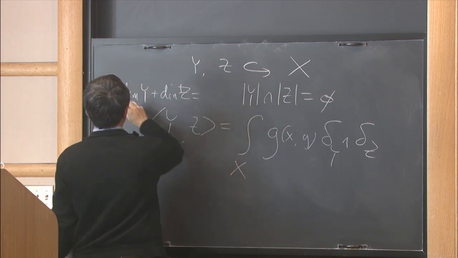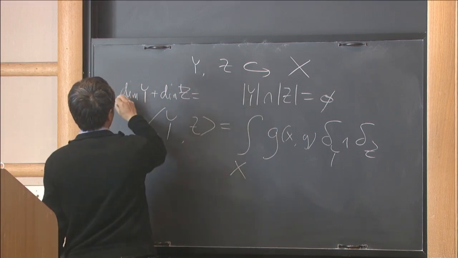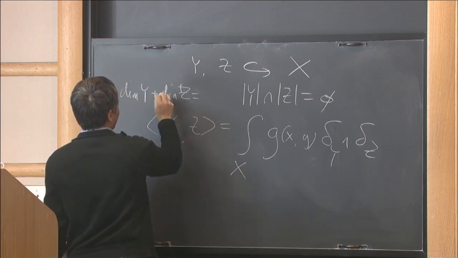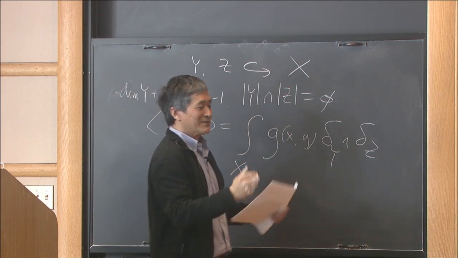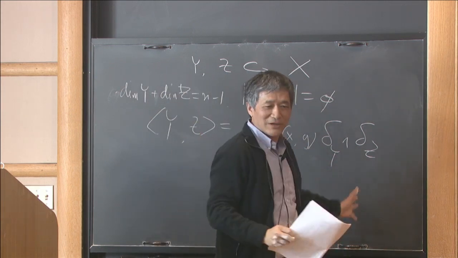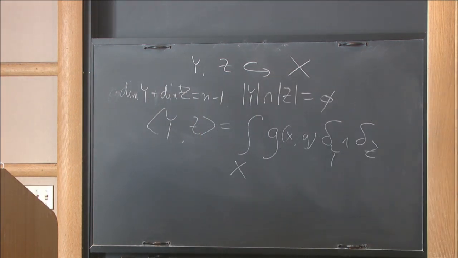I forget the codimension, right? Otherwise you are going to confuse it. So you can use that to define a pairing. It's just like the curve case. Now you define a pairing between two cycles instead of two points.